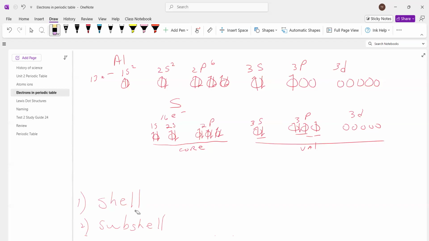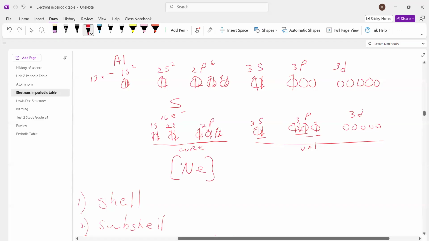So the other way to write this would be like that. Sometimes they call this the abbreviated electronic configuration, but all we're doing is substituting the electronic configuration for neon.